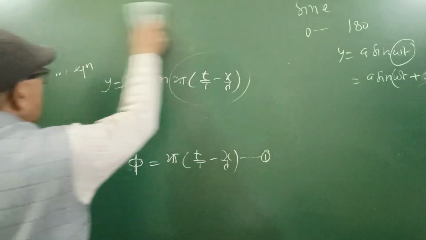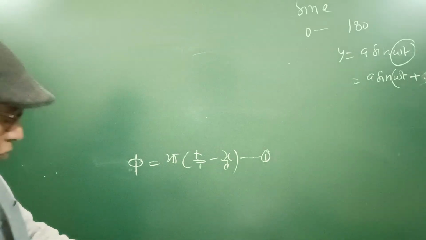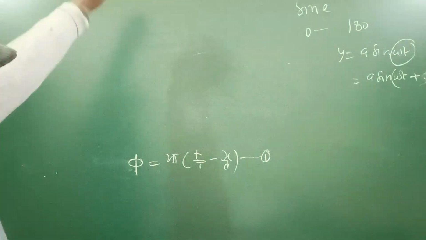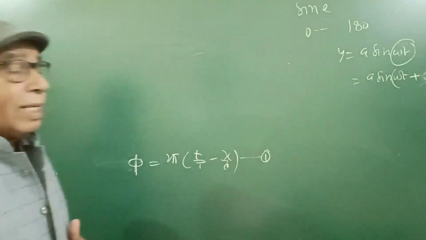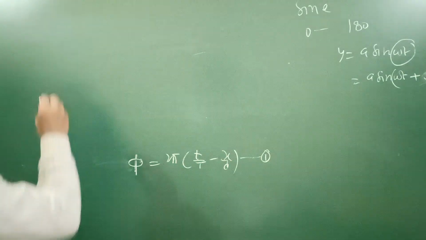Now from this equation you find that when a wave travels through a medium, the phase of the particle is changing with distance x at any time t.